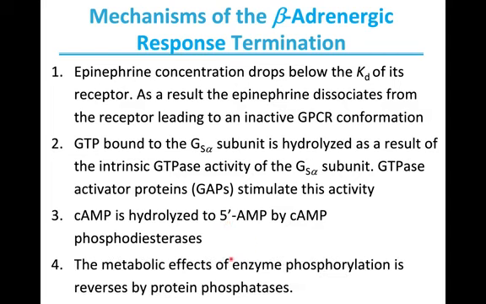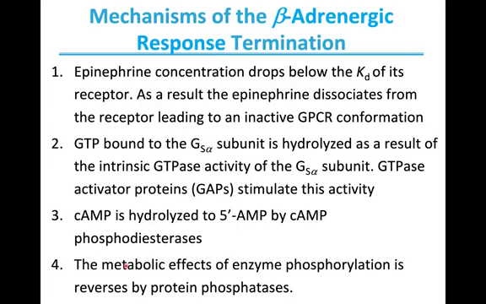The fourth mechanism is relatively newer. We haven't discussed this, but the metabolic effects of enzyme phosphorylation are reversed by enzymes called protein phosphatases. Phosphatases remove phosphates from a protein. Kinases add phosphates to a protein. So phosphorylation is catalyzed by kinases, and dephosphorylation is catalyzed by phosphatases.